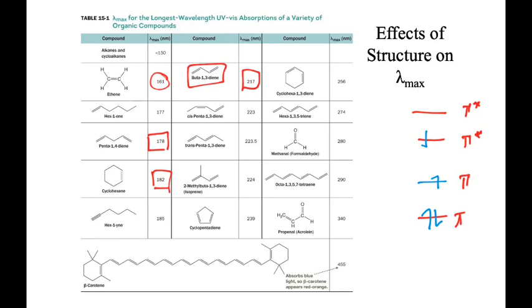Look at our differences. It really isn't all that different between all of those. You're still looking at 20 nanometers. When you add a second pi bond, that's when you see a big jump. So the ring does affect the characteristics of that pi bond, but it's still a relatively minimal effect. The big effect that you should be looking at is those conjugations.